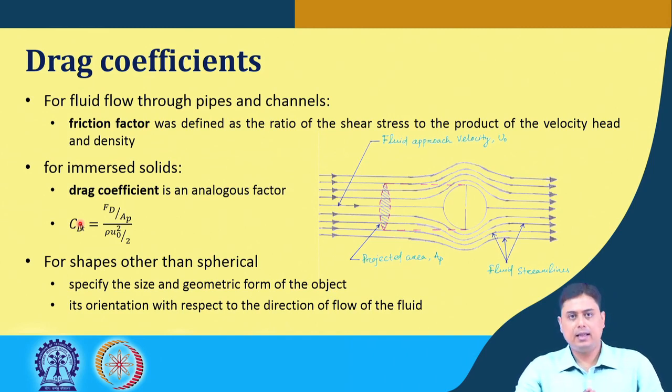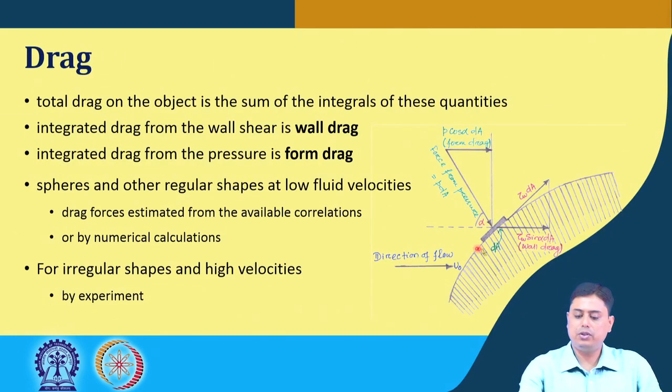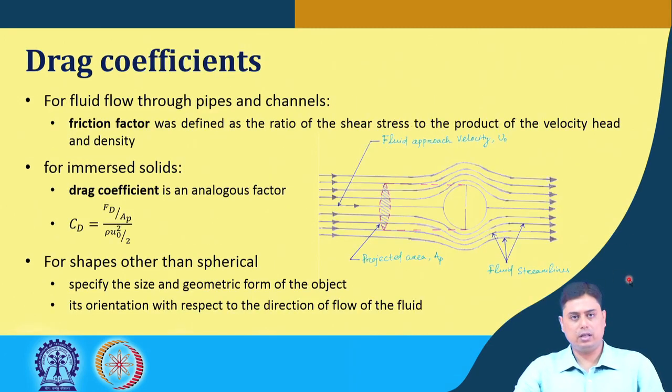So the size and geometric form of the object are of paramount importance in the calculation of the drag coefficient, and its orientation with respect to the direction of flow is also another vital parameter that we need to consider, because we have seen in the previous example that if it forms an angle, the drag coefficient has two components, but if it is parallel it is only the wall shear case.